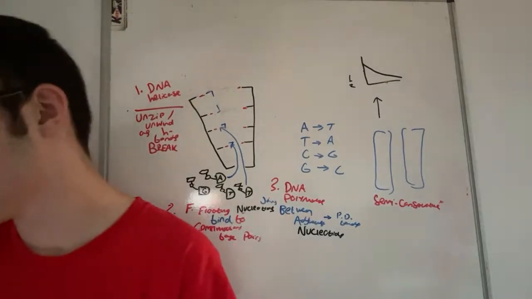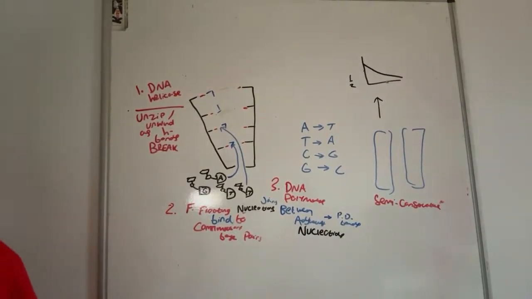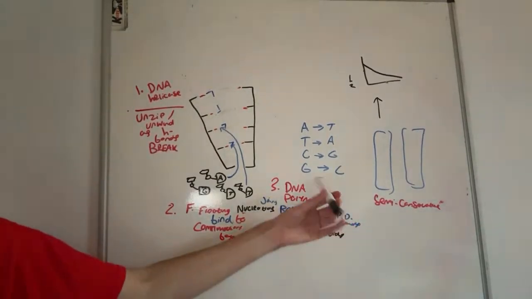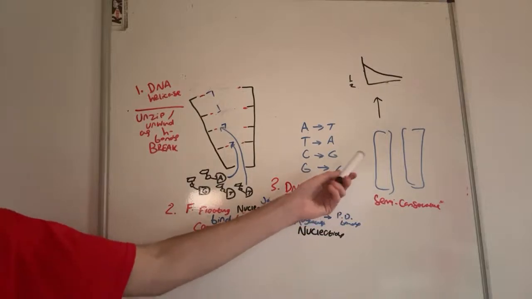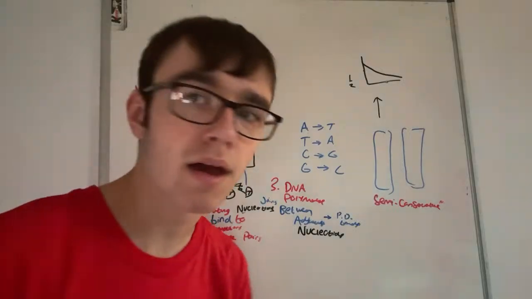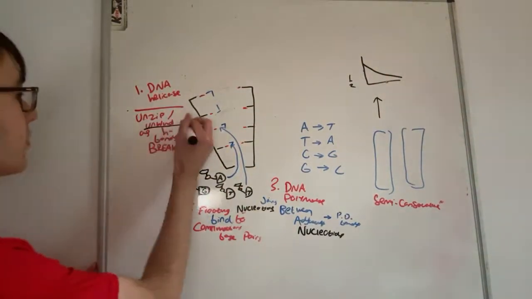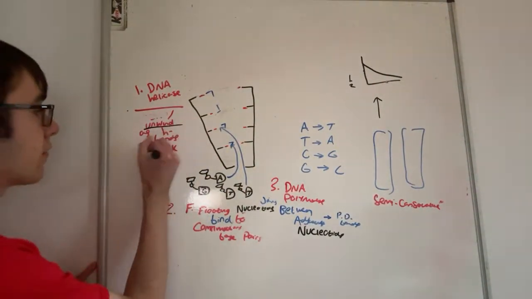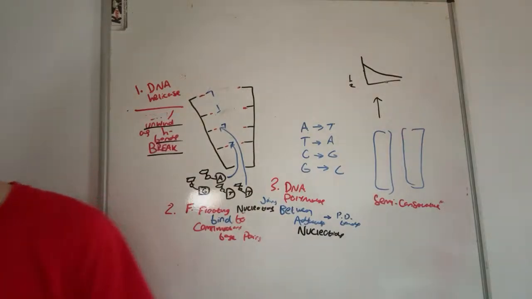What is the term? It's semi-conservative because only half of the original is original, the other half is new. It's A to T. What process is involved in the unwinding of DNA? Okay, unwinding of DNA and breaking of H bonds. That is DNA helicase.